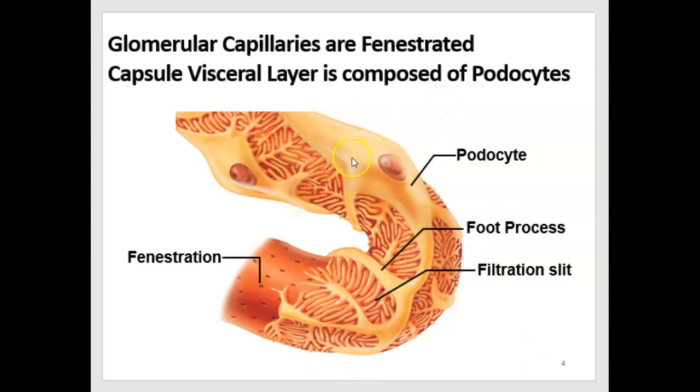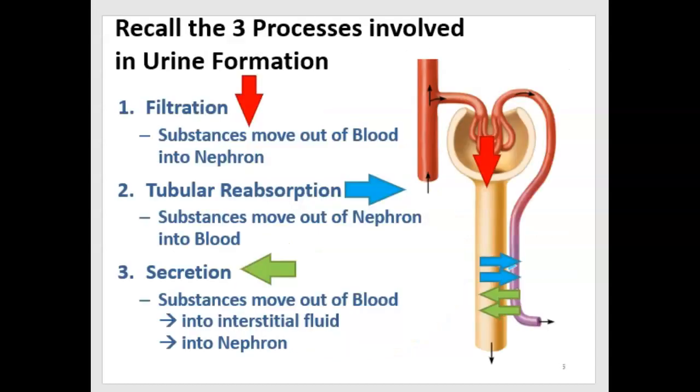Before we talk about filtration and the membrane for filtration, which is what we call it when substances have to pass from the blood into the capsular space, let's recall the processes involved in forming urine.